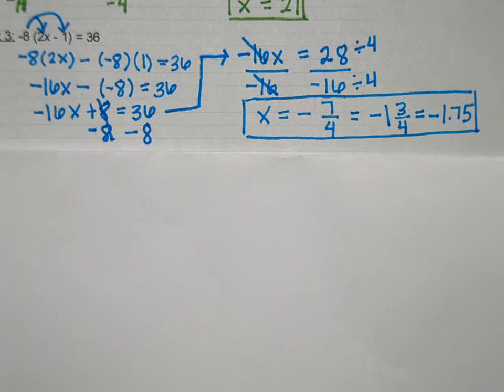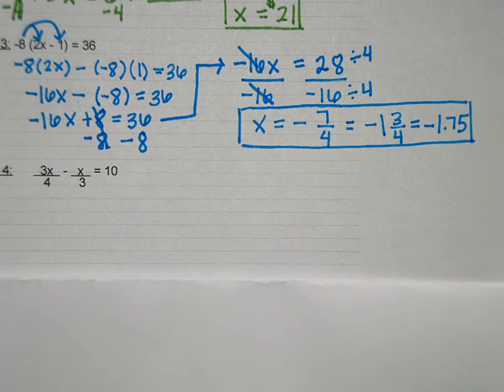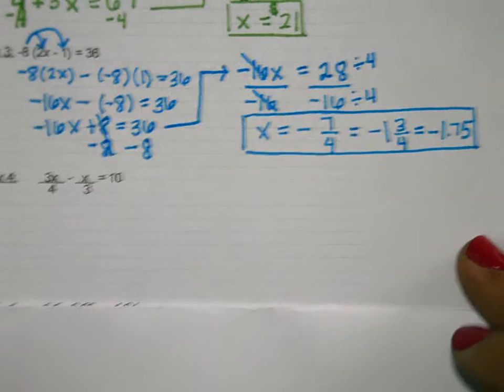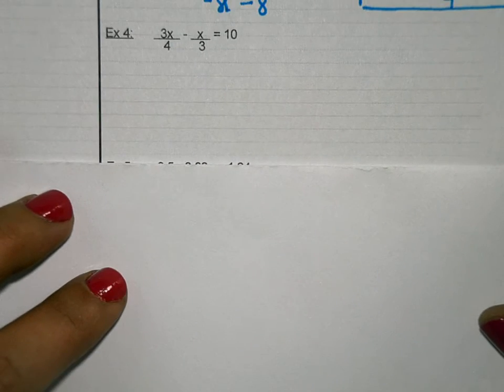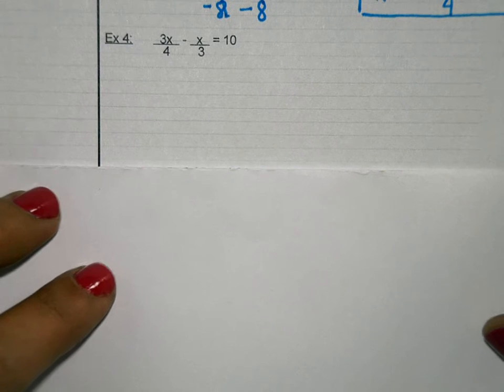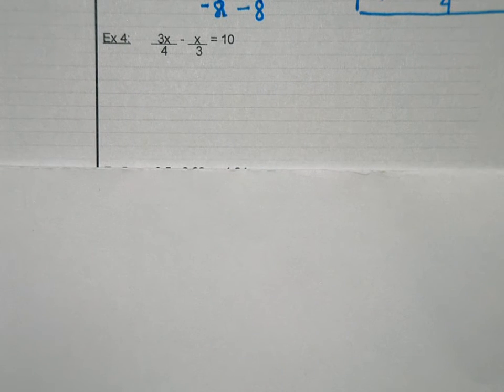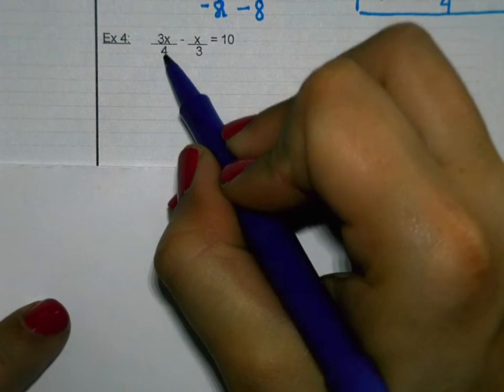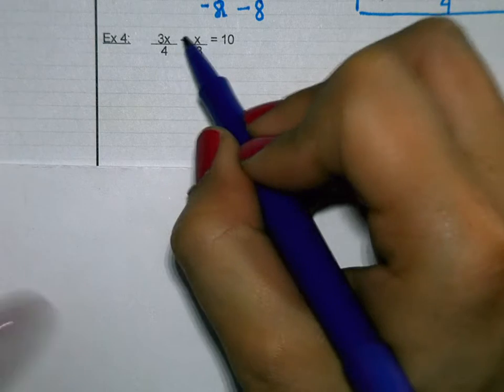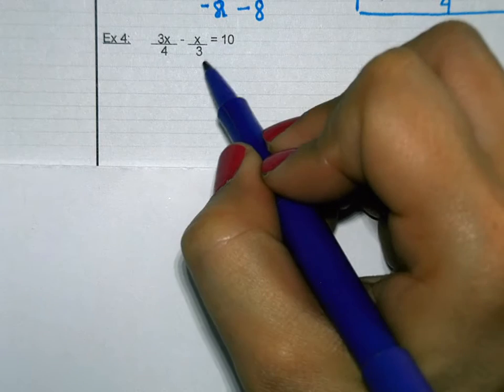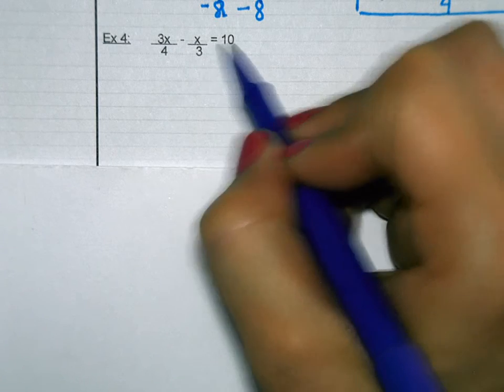So let's look at our second to last example, one that actually has a fraction. Example 4. I have 3 times x divided by 4 minus x divided by 3 equals 10.